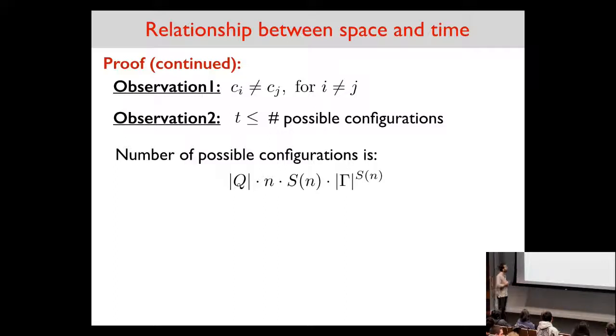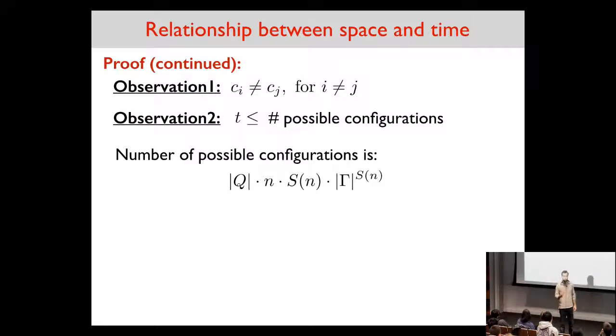Where do these quantities come from? Where does Q come from? The number of states. A configuration has to encode the current state, and we have Q many states. Where does N come from?